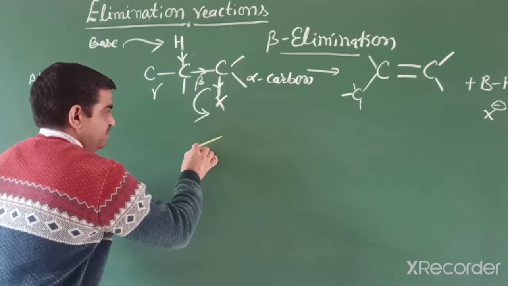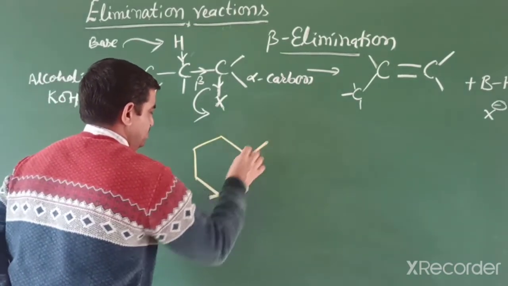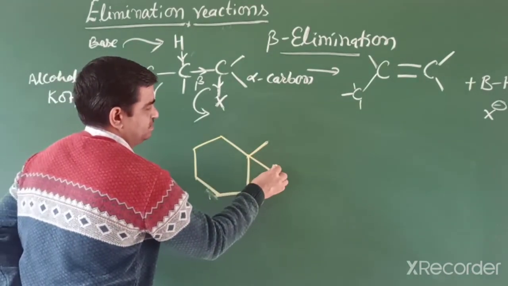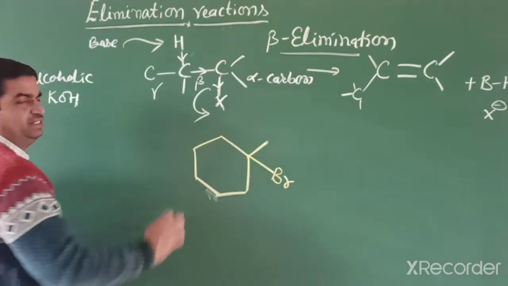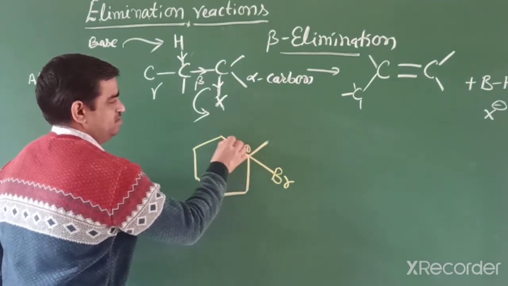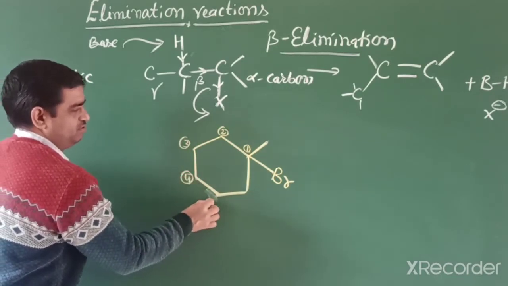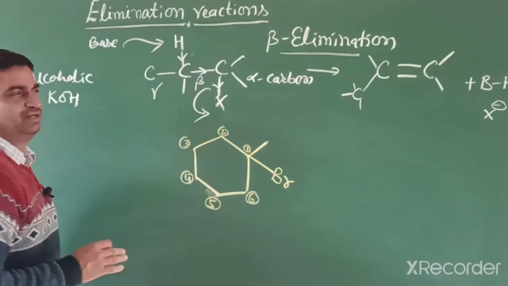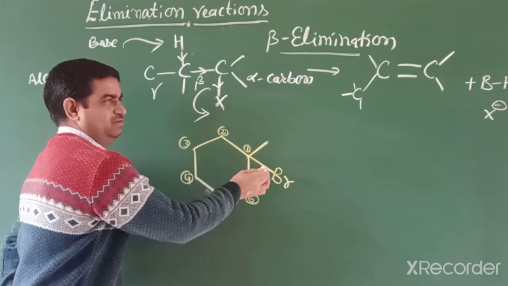Now students, we can explain one more example in this way. Any alkane like this with a halogen atom attached on this carbon. At first we write its IUPAC name. Numbering starts from this carbon: 1, 2, 3, 4, 5, 6. So it is a cyclohexane with two substituents, one is methyl and the other is bromo.